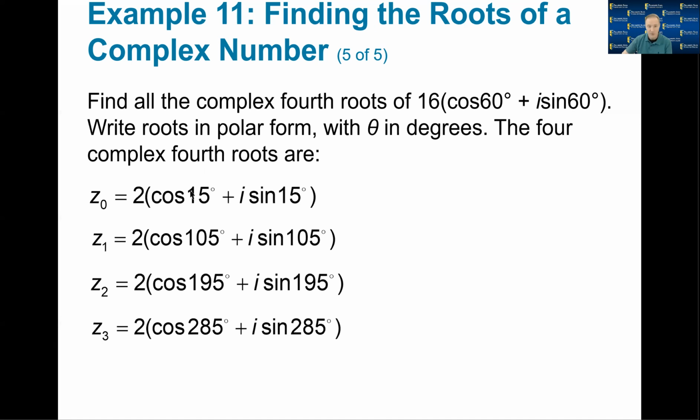And then really once you find the second one, you can kind of see what's going to happen for the other two. All I did was add 90 degrees to get from this one to this one. So I know I'm going to add 90 degrees to get from this one to the next, and again to the next. And so all 4 of those together are going to be your complex 4th roots.